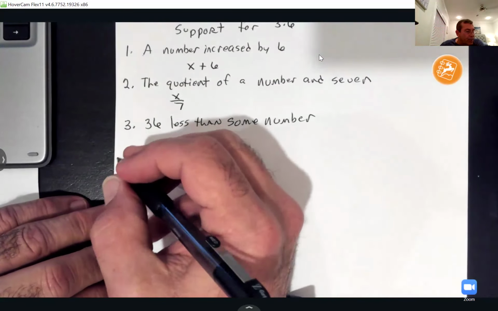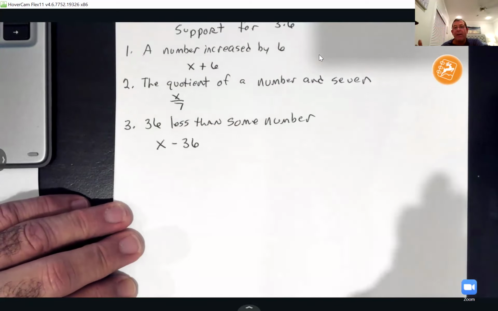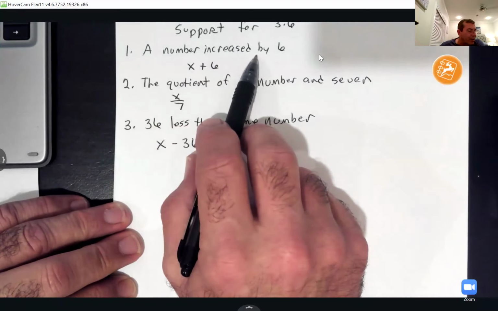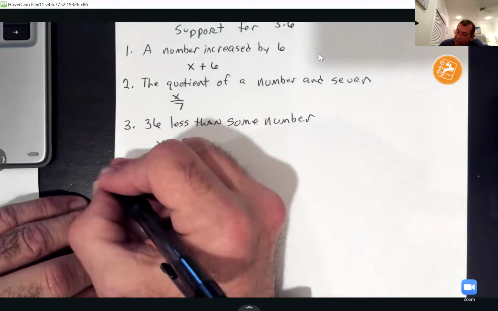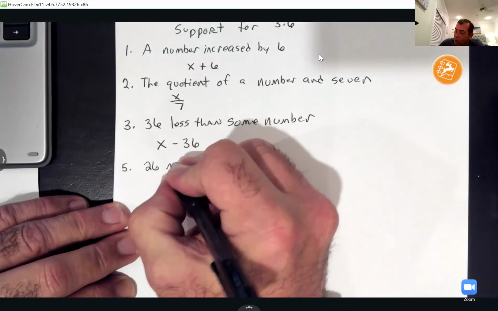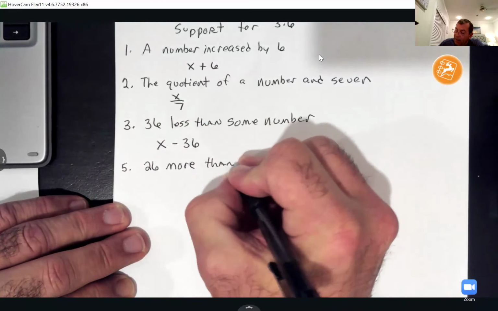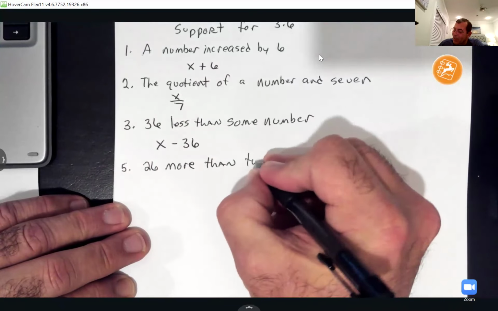All right, so this one, same one, number 4, a number increased by 5. Well, we did that one up here. But how about this number 5? It says 26 more than twice a number.